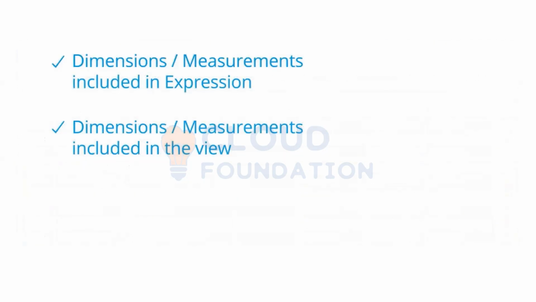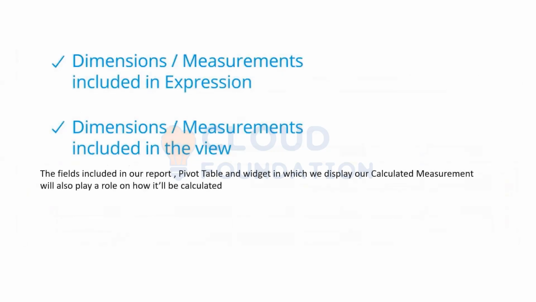Okay, dimensions and measurements included in the view. The fields included in our report or pivot table widget, in which we display our calculated measurement, will also play a role in how it will be calculated. Definitely, when you have your native dimensions and measurements, what are they?